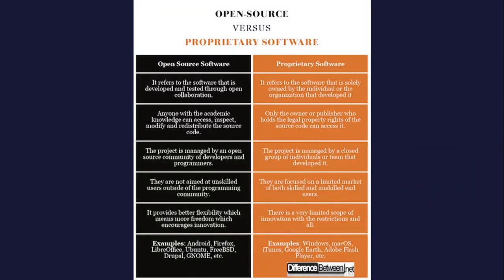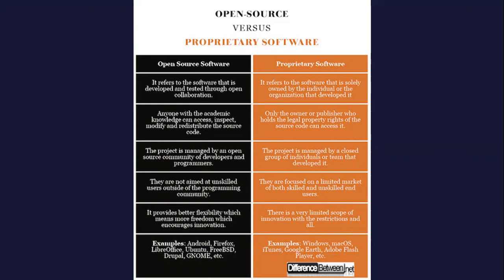That brings us to the question, the difference between open source software and proprietary software. Open source software refers to the software that is developed and tested through open collaboration. Anyone with academic knowledge can access, inspect, modify, and redistribute the source code.